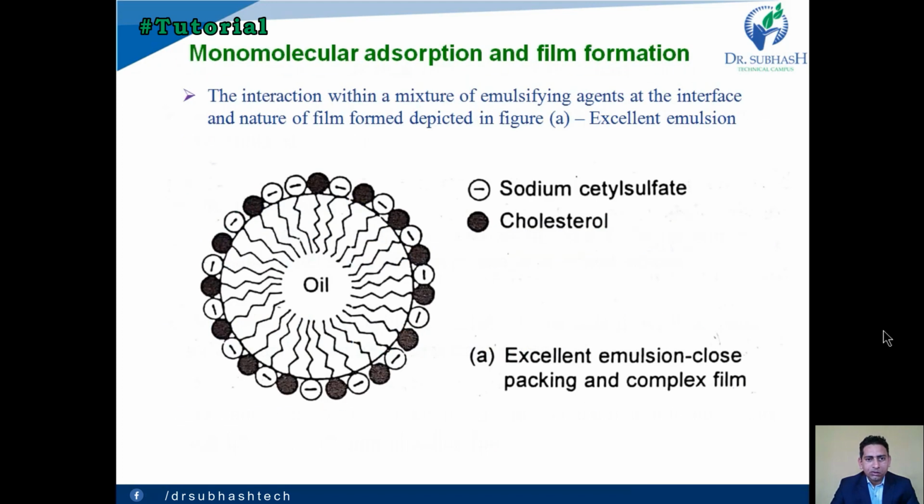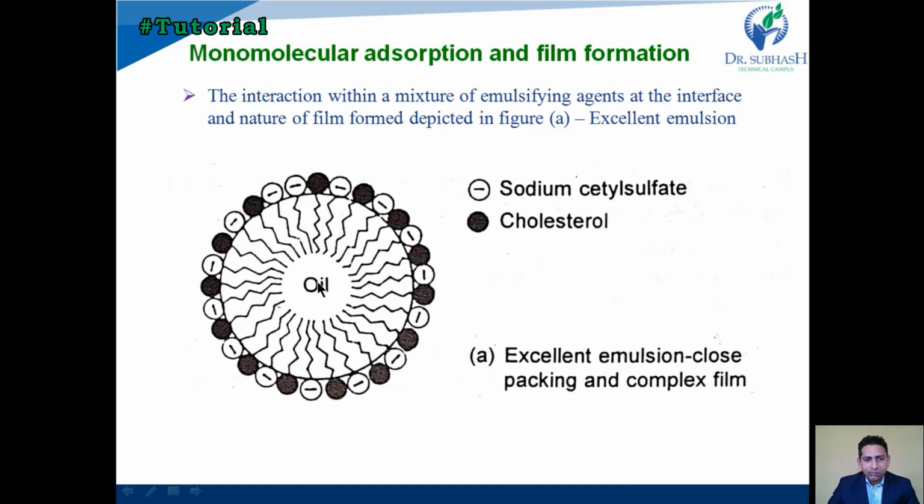We will see this in the picture. One example is sodium cetyl sulfate and cholesterol. If we take these two surfactants, they will form a film. This is the oil molecule, you can see in the picture, and above this there is a close packing and complex film of sodium cetyl sulfate and cholesterol.